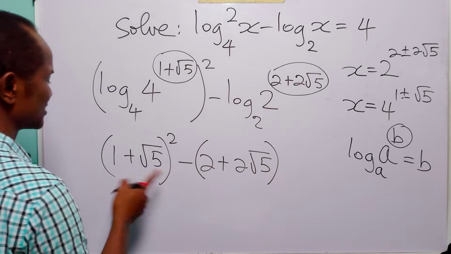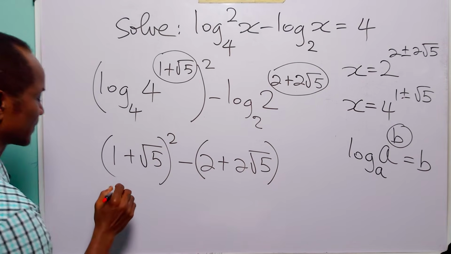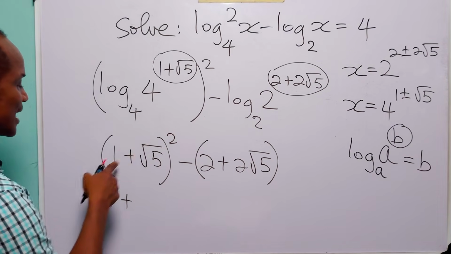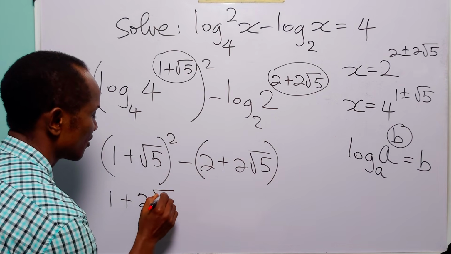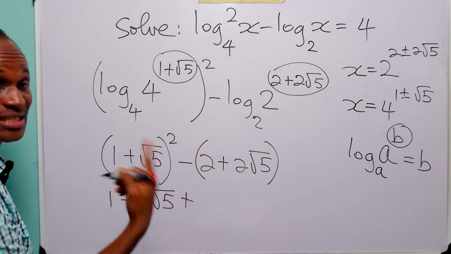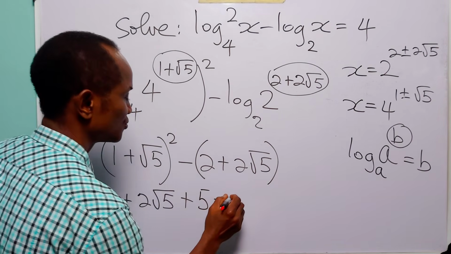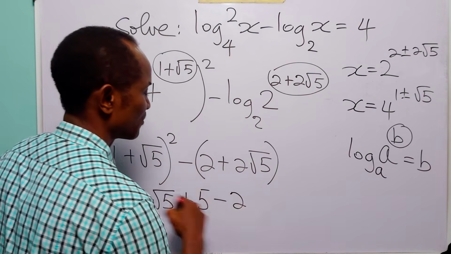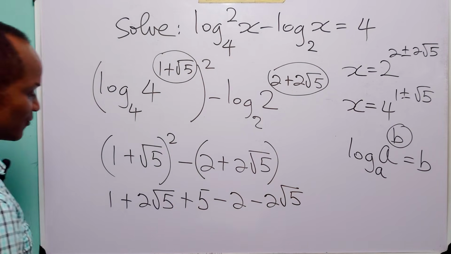Now, when we expand this, we have 1 squared, which is 1, plus 2 times 1 times root 5, which is 2 root 5, plus root 5 squared, which is 5, minus 2, minus 2 root 5.